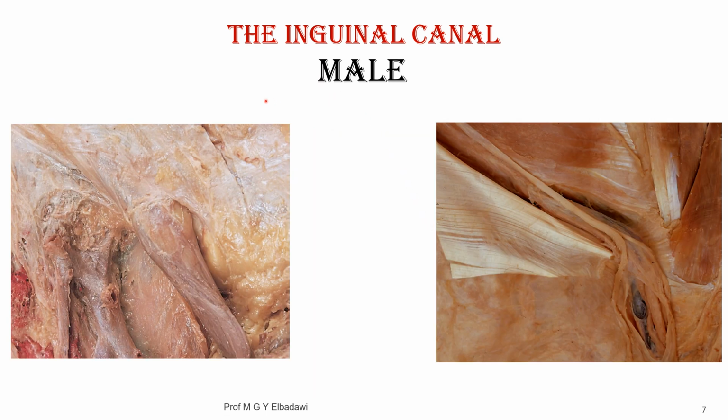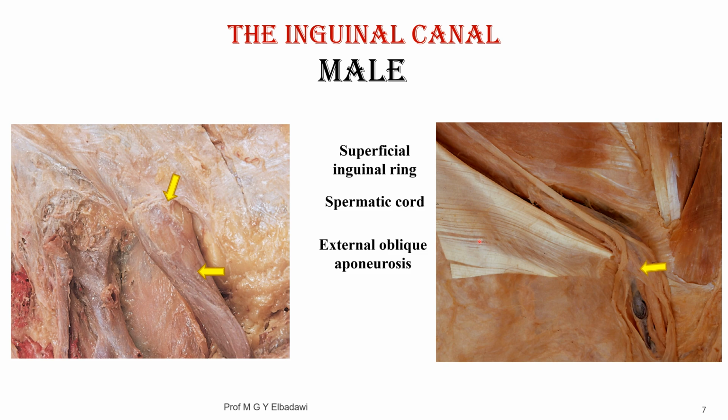Now, that is a cadaveric appearance of the inguinal canal in a male. That is the superficial ring over here, which is an aperture in the external oblique aponeurosis. That is the spermatic cord coming out here, and over here is a dissected inguinal canal, where you can see the external oblique aponeurosis reflected to show the canal.